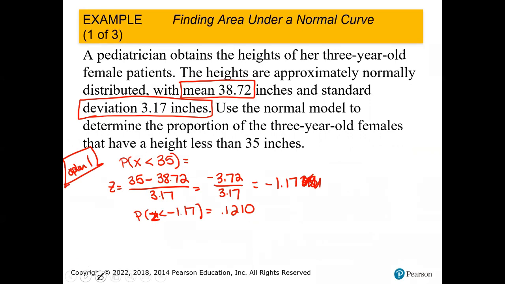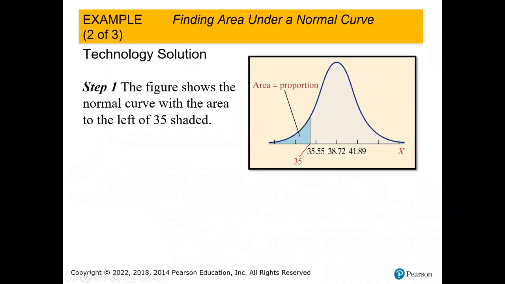Option 2 is going to actually be typing in the values of the mean and standard deviation and the data value in question. So what we're showing you here is how I could type this whole thing into StatCrunch.